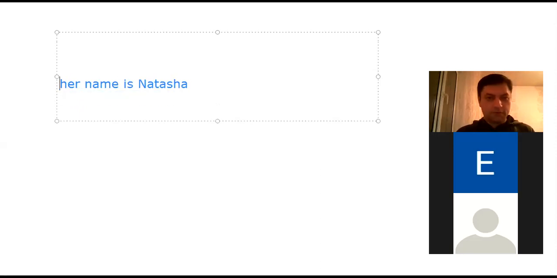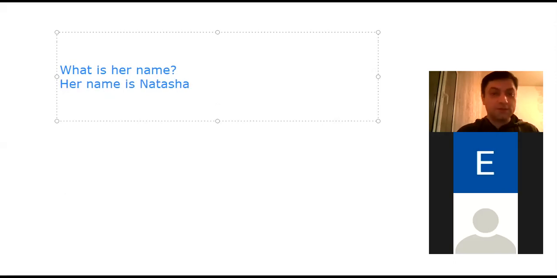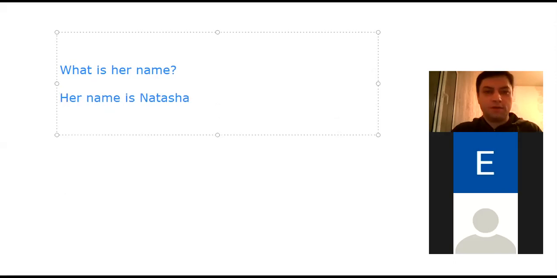These two sentences. The first sentence I put on top. Please translate these two sentences to Russian and write in the chat.